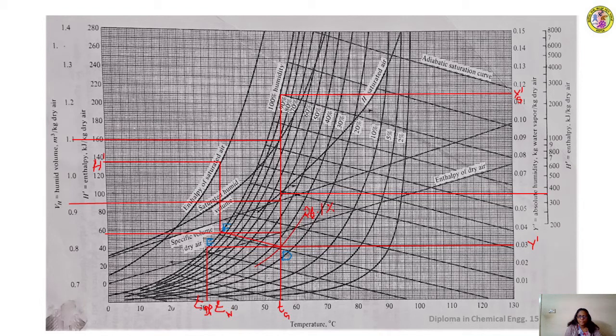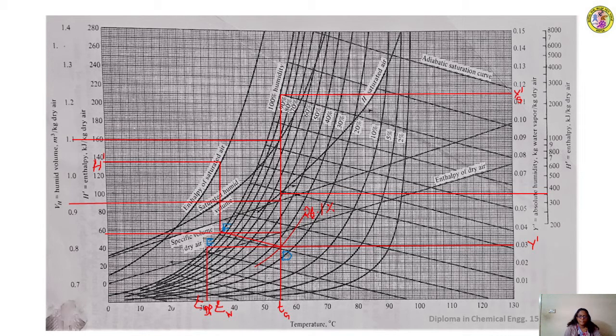From that point, if you read the value on the right side of the plot, it corresponds to around 355 kilojoules per kg dry air of enthalpy. So that is where you are reading the enthalpy of the given saturated air, the given vapor gas mixture.